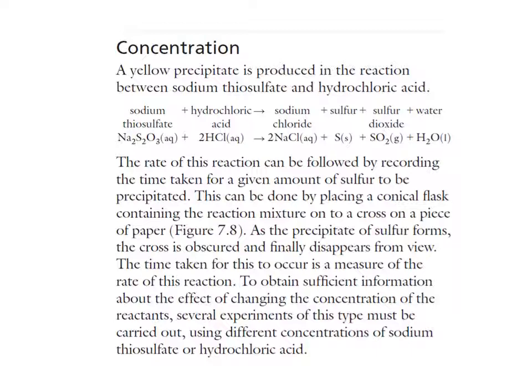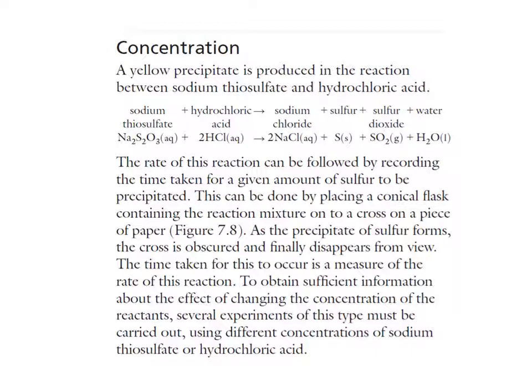So the time taken is a measure of the rate of reaction, and to obtain sufficient information about the effect of changing the concentration of the reactant, several experiments of this type must be carried out using different concentrations of sodium thiosulfate and hydrochloric acid. So you will need to take different test tubes.